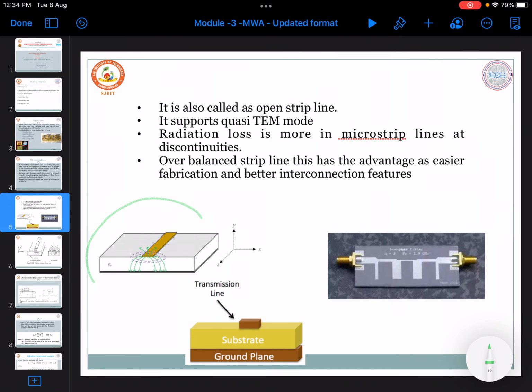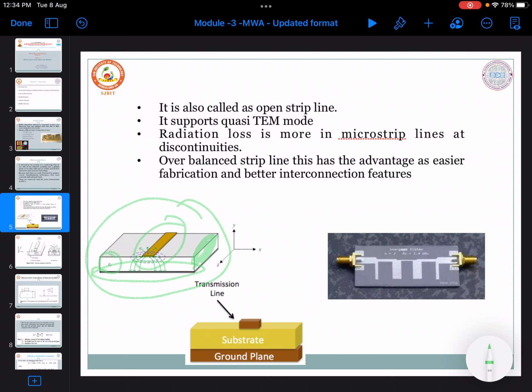This is the geometry one can notice here. This is the dielectric material, which we call the substrate. On the top side you have a microstrip line and on the bottom side you have a ground plane.